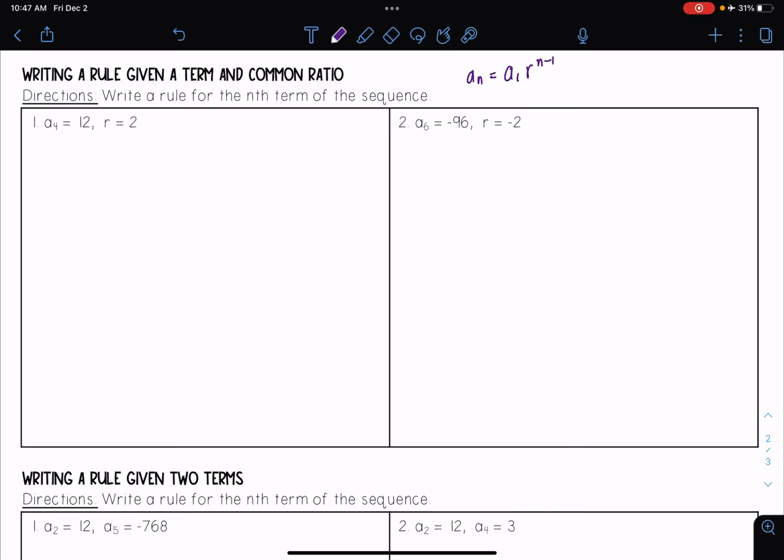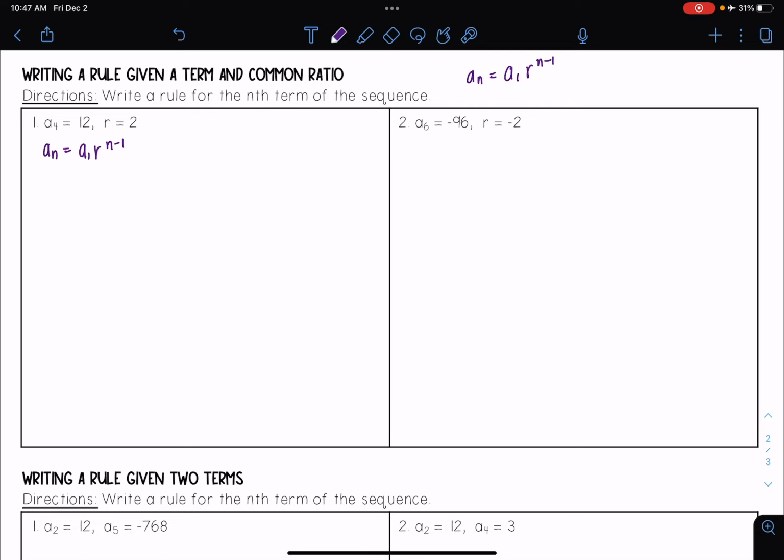For number 1, I'm given that the fourth term is equal to 12 and r is equal to 2. So before I can go ahead and write my rule, I need to figure out what a1 is. But I can go ahead and plug this information into my rule for geometric series.